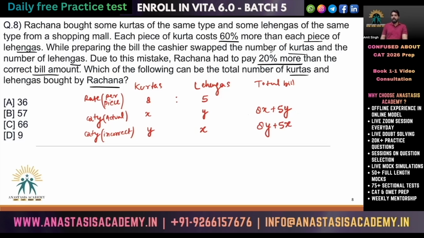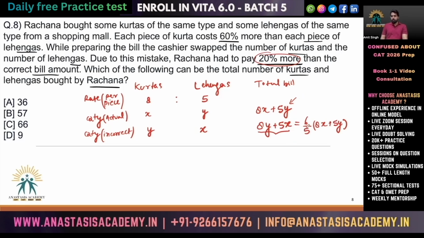And the relation between these two is given as Rachna had to pay 20% more, which means this amount is 20% more than this amount, correct? So this amount would be 6 by 5 times. 20% more is 6 by 5 times of this amount, that is 8x plus 5y. So from here, I would get the relation between x and y.